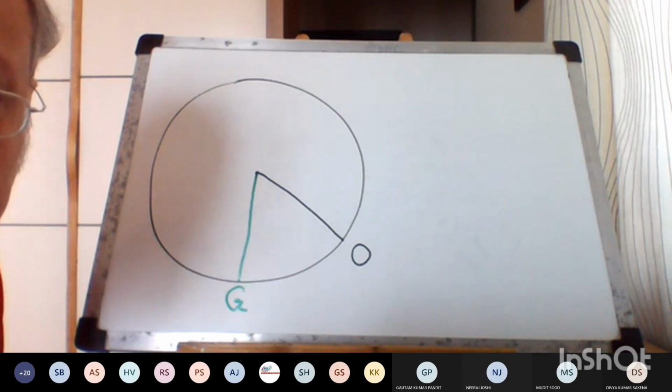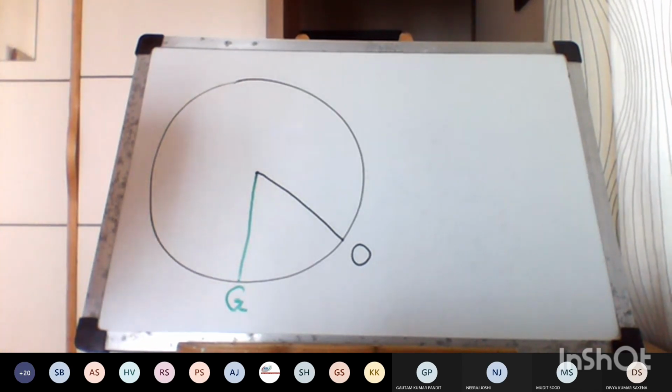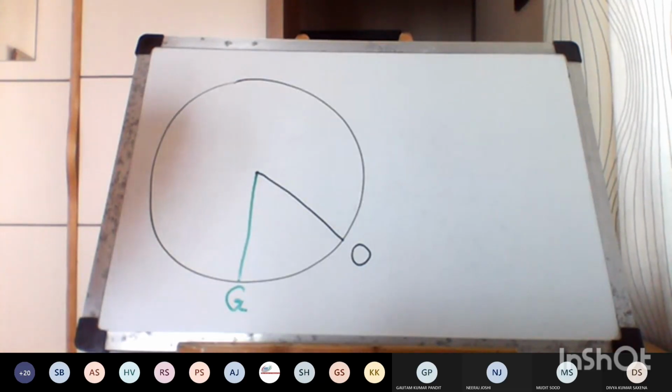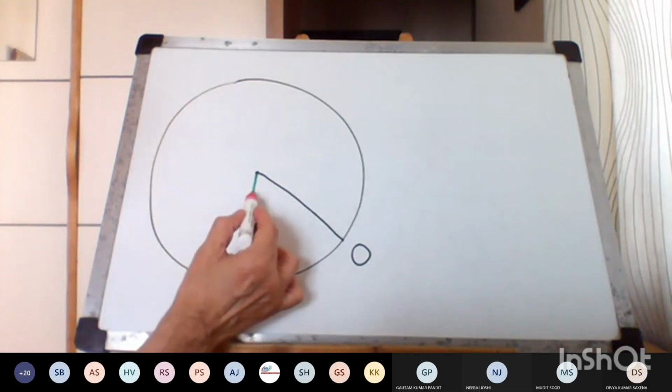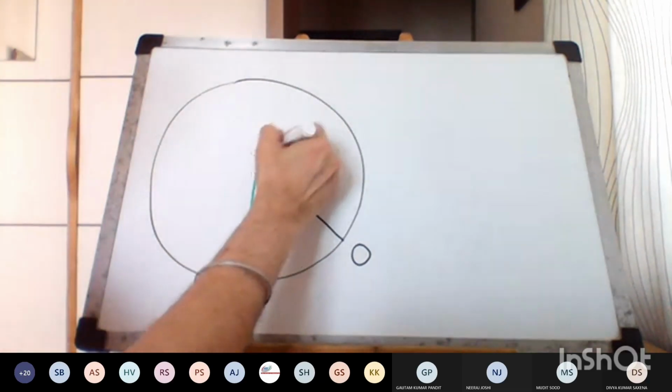Which is the second point? GHA Aries is 210 degrees. So GHA Aries, from where do I have to draw? From Greenwich, I have to draw 210 degrees. Which side? Which direction? Westerly. Westerly, very good. So I go west from Greenwich, 90, 180 and 30.